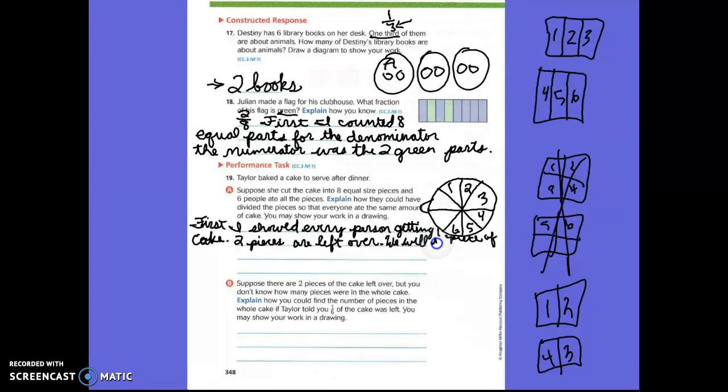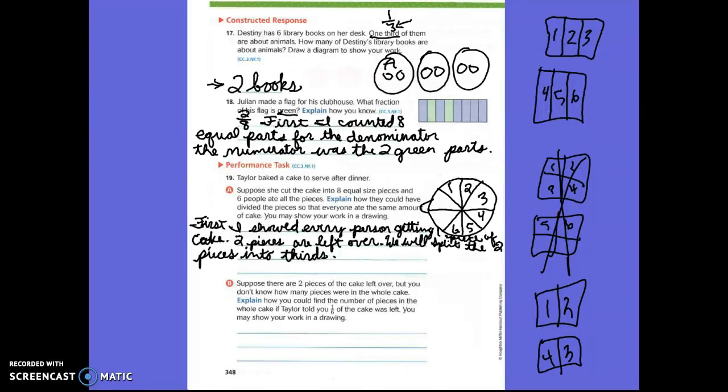Okay, we will split the 2 pieces into thirds.